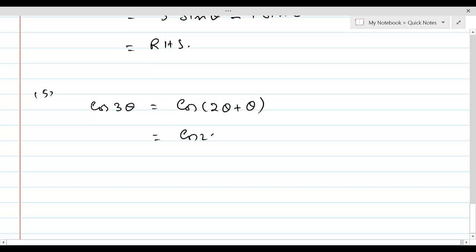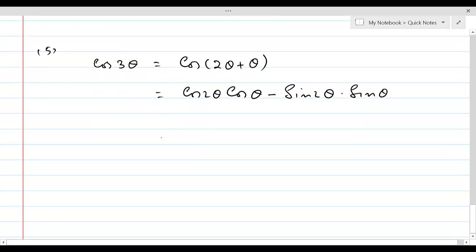This will be cos 2 theta into cos theta minus sin 2 theta into sin theta. Because what we want to prove involves cos only, we should make every effort to convert cos 2 theta in terms of cos.